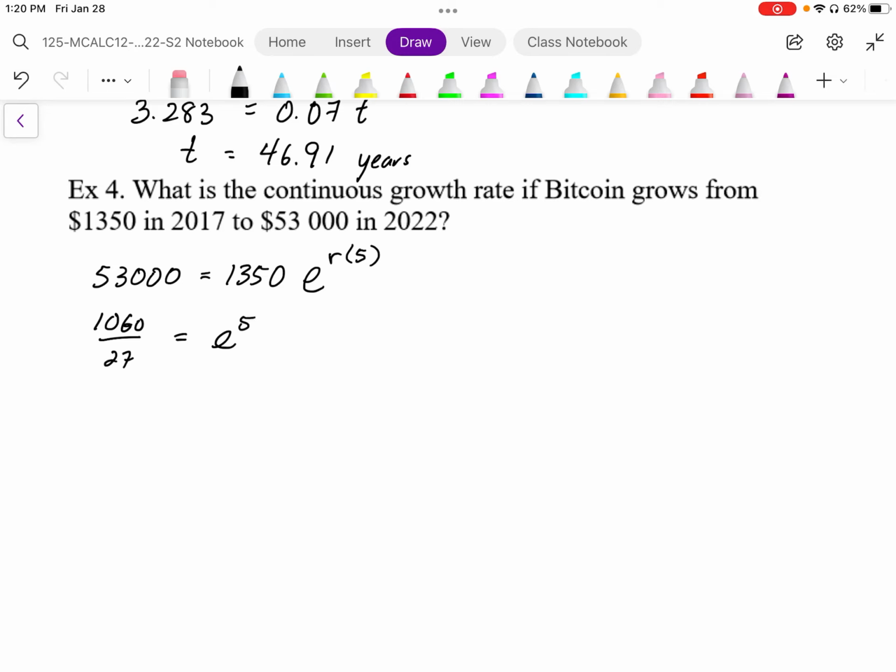That's e to the 5r. I want to solve the exponent, so I'm going to take the log. My argument is the answer to the exponent, and that's going to equal the exponent, 5r.